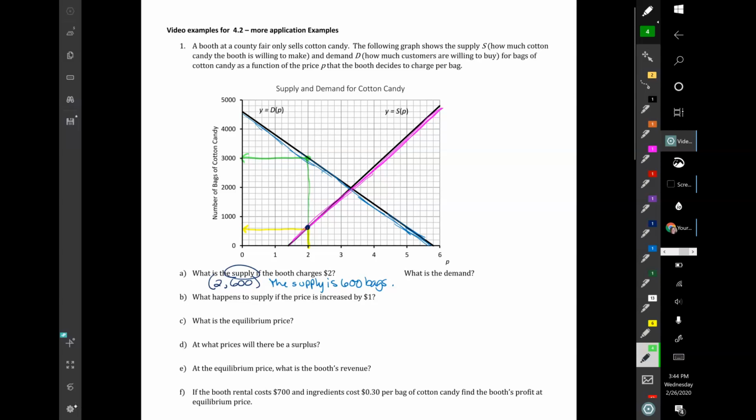That is pretty high, but the supply is not keeping up with that. You can write the point 2 comma 3,000 to track it, and then write that the demand is 3,000 bags. Quite a difference there.